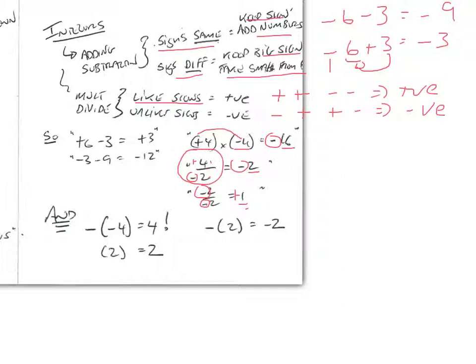And a very important part of working with integers is when we have an integer, be it a positive or a negative number, inside a bracket, we have to be conscious of what the negative sign does to the number inside the bracket. So if we have minus (minus 4), like we have here, then that gives us plus 4. Why is that?